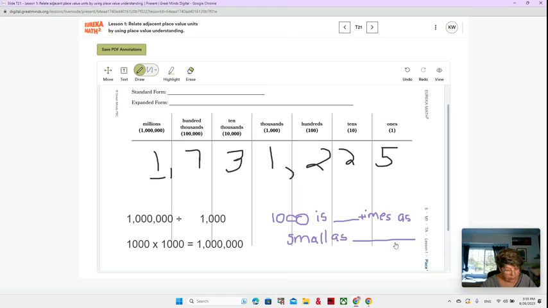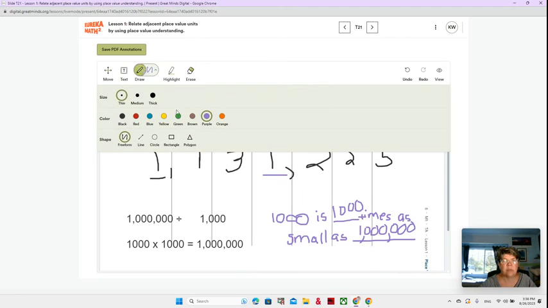Okay, there's our 1,000, and it is 1,000 times as small as 1 million, 6 zeros.